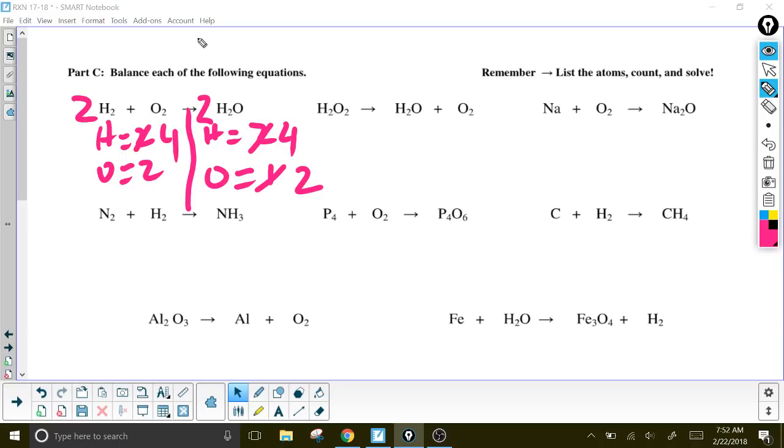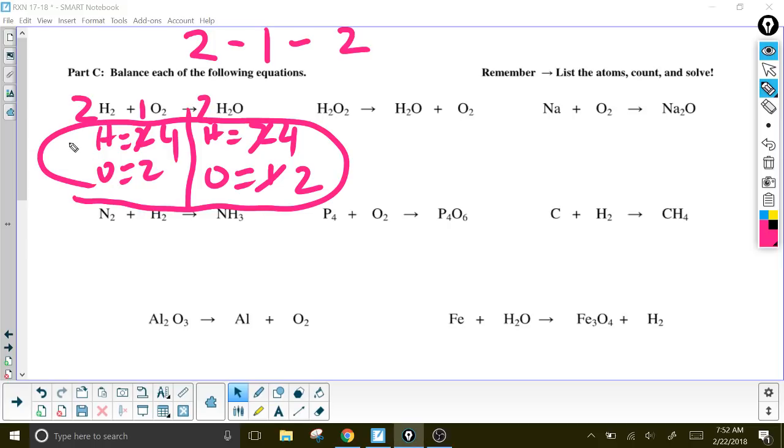So the final answer on the answer key is going to be 2, 1, 2. Remember, if it's not written, there's a 1 there, so then you know where they are. So 2, 1, 2, and you have to do more than just put in the coefficients. You need to show your element inventory, but that's how you check your answers. This one is 2, 1, 2.